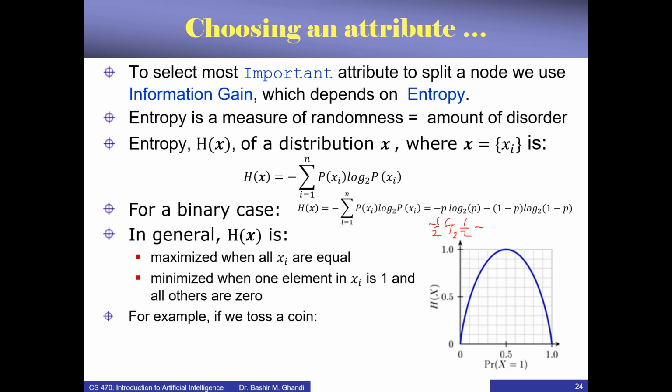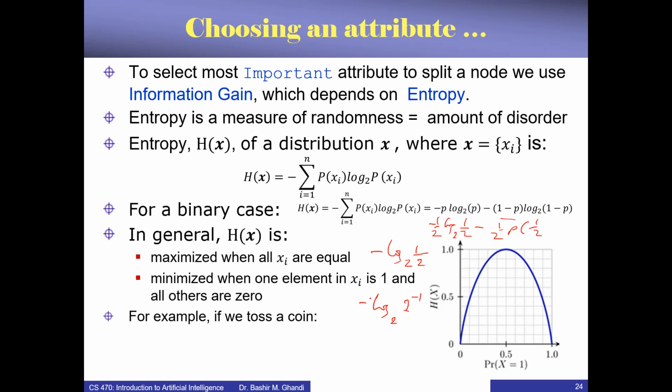So this is the probability of head, which is half. The probability of tail will also be half, so this 1 minus P is also half. So you have half times the log of half. If you add these two halves, what you will end up with is minus log to base 2 of half. But log to base 2 of half is the same as 2 to the power minus 1.